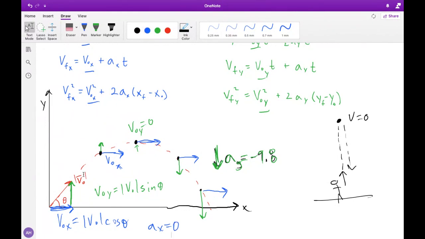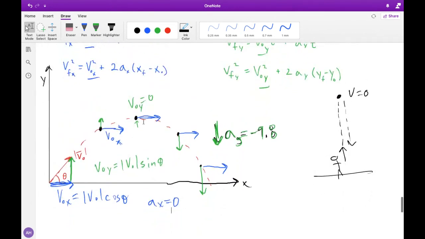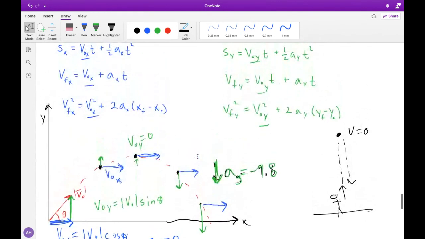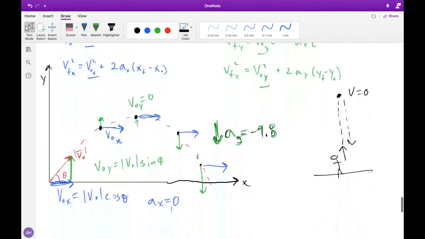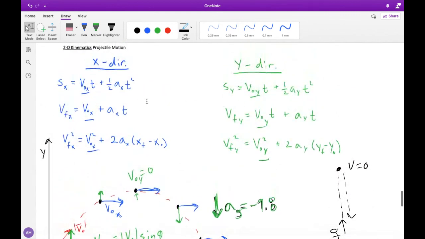And the vertical velocity is basically decreasing as we go up to the maximum height, and then increasing as the object falls back downwards. So hopefully I didn't go over that too fast, but it makes some kind of sense. And then, based off of all of these assumptions and everything I analyzed here, we apply that to the kinematic equations here, and they would end up getting much more simple.